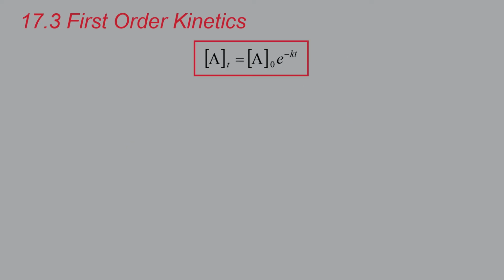And here it is. All right, so let me show you what everything means here. So this is just the concentration of A at time t. That is the initial concentration of A at time 0, is what we call that.